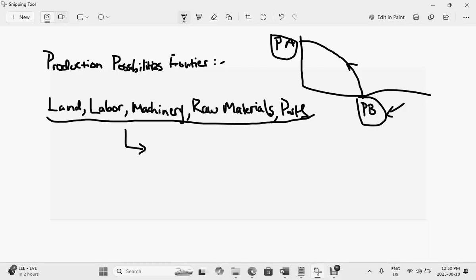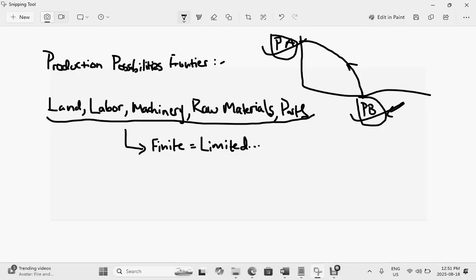They are finite resources, which means they're limited. And because we have limited resources, you can either produce some of product A or some of product B. You may not be able to produce both on your production possibilities frontier chart.